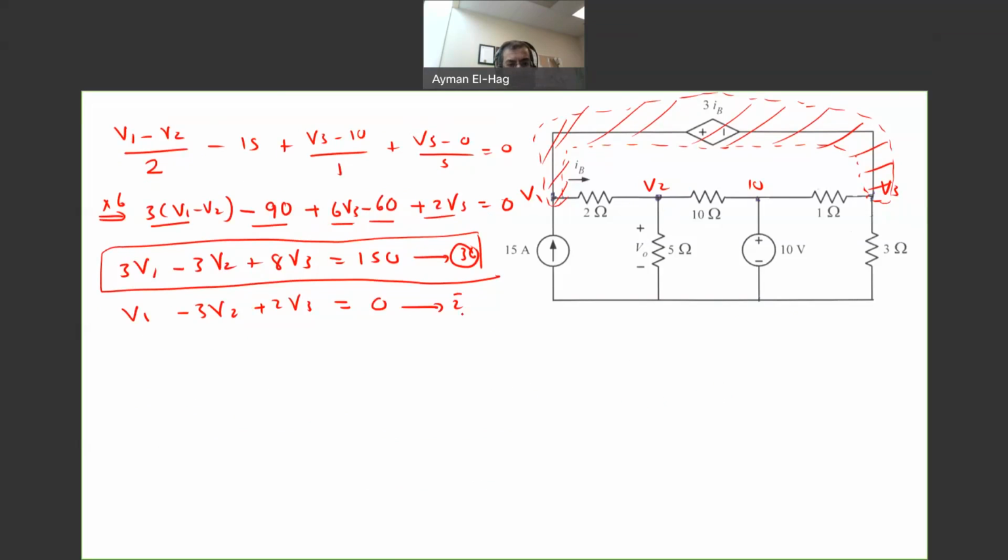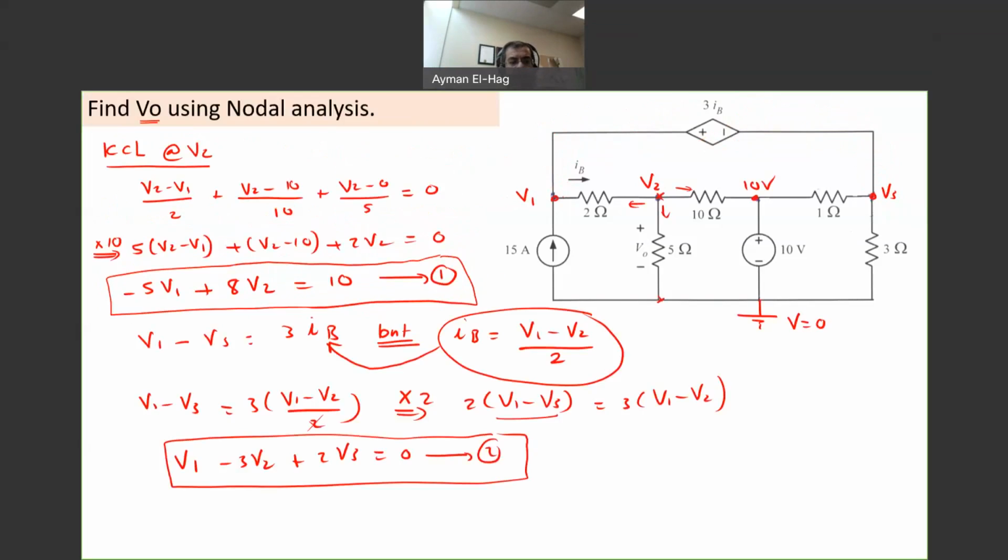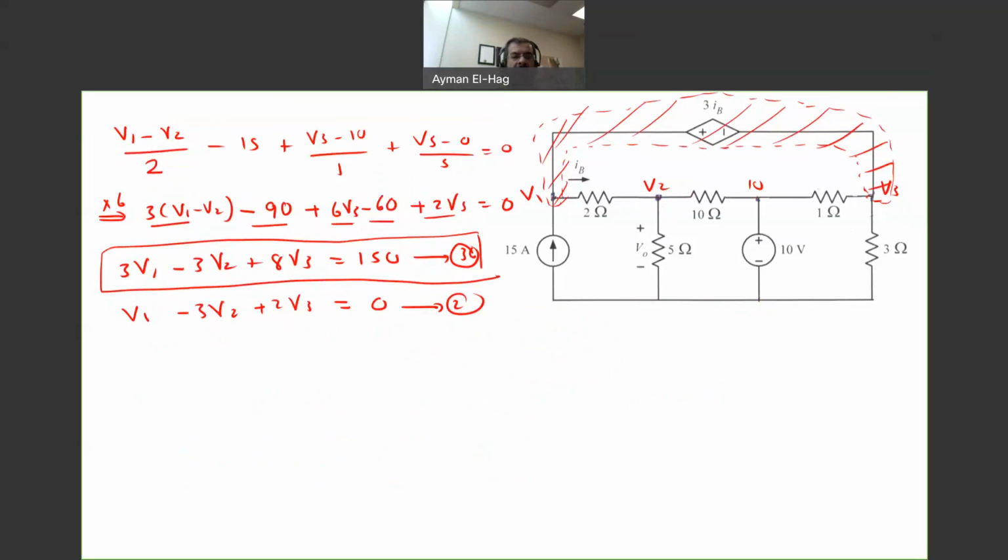This is our second equation. Now, if I can eliminate V3 from here, then I can have an equation in terms of V1 and V2 only. With equation 1, then I can eliminate another variable and then start to find our variables. Of course, this is one way. You can do it in a different way. So the math now is up to you how you want to proceed.